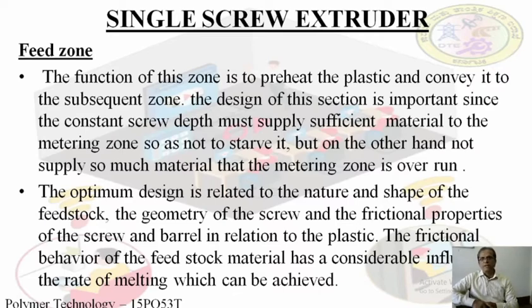The optimum design is related to the nature of the material, shape of the feedstock, the geometry of the screw, and the frictional properties of the screw and barrel in relation to the plastic. The frictional behavior of the feedstock material has a considerable influence on the rate of melting which can be achieved.